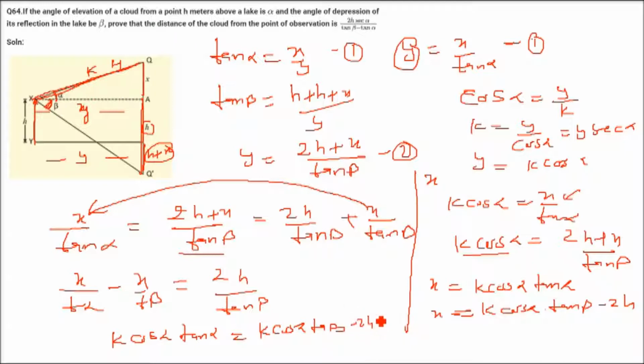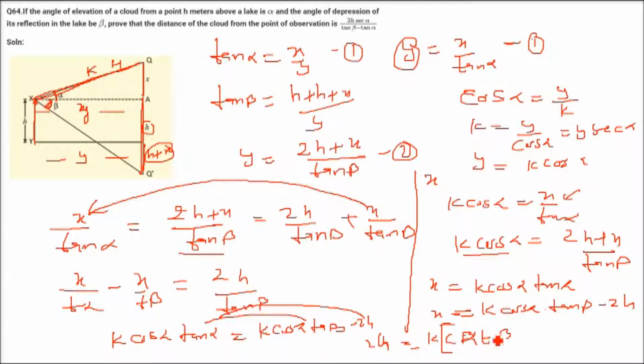Okay, now I have to find out this k. So I'm bringing this k here and taking this 2h here. 2h will be equal to k cos alpha tan beta, and here I'm taking this k as common.